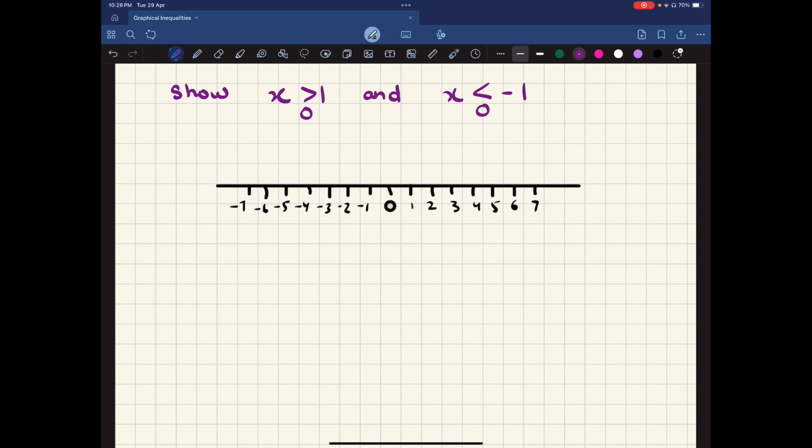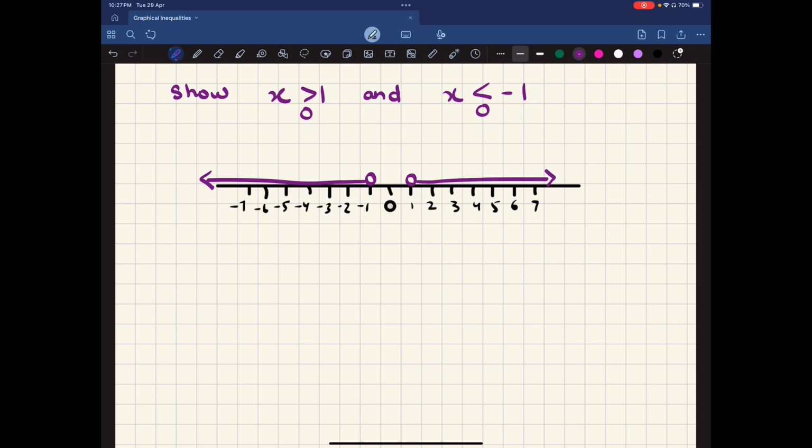So x is greater than 1: hollow circle, the values of x are greater than 1. Now let's have a look at the second part of the inequality. x is less than -1. Again, strict inequality, so hollow circle, and all the values of x that we can have are less than -1. So this is how you're going to represent it on a number line.